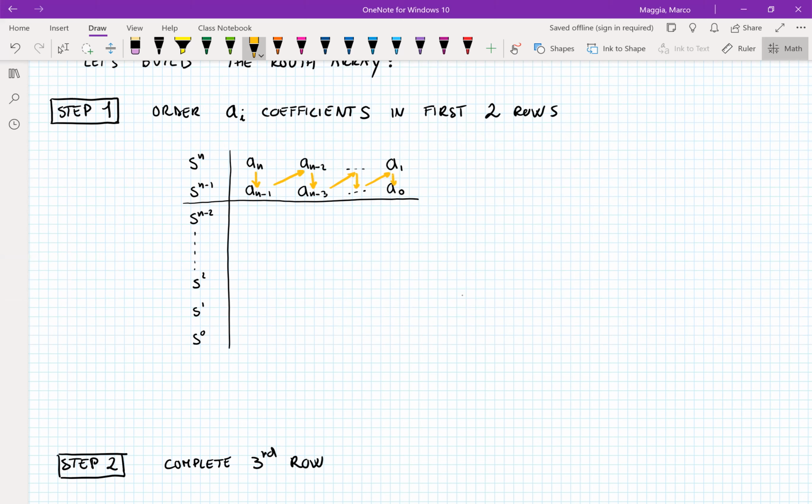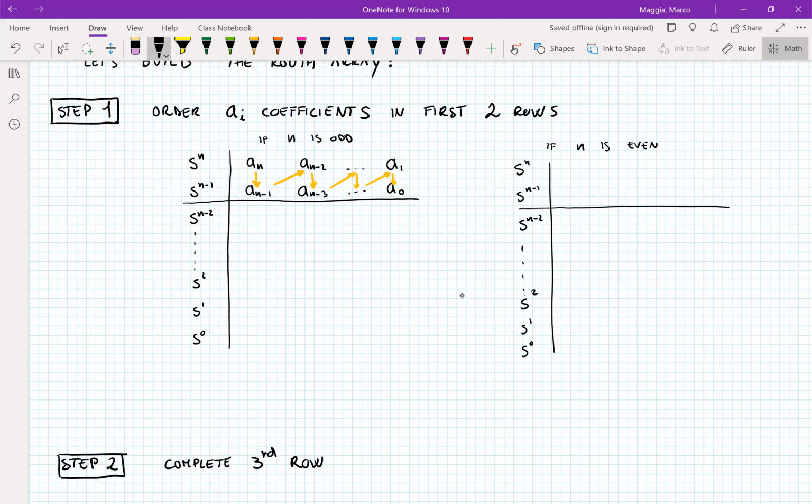So you'll see that you have an equal number of coefficients on the first and the second row if n is odd. Instead, if n is even, then you would still fill up the first two rows in the same way, but you will be left with one empty spot.